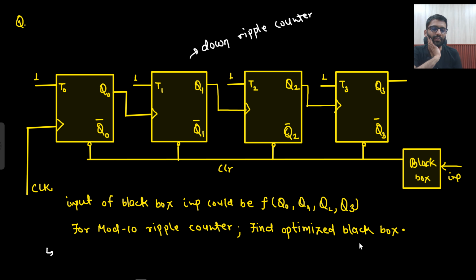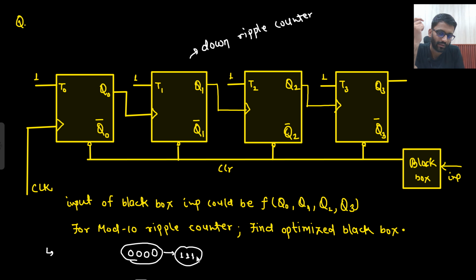So where do you think you must be starting from? If clear is there, what is the job of clear? To take all the outputs to 0. So eventually you want to come here, and now you need to down count, and in this manner I will go.